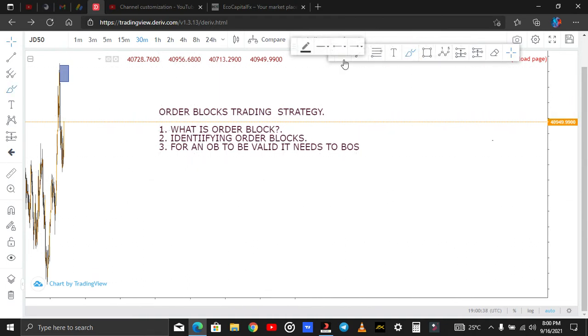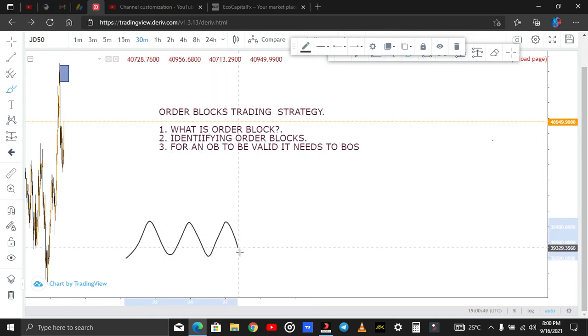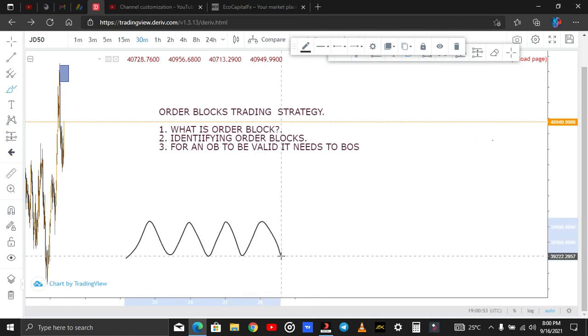Basically, in this strategy we are trying to figure out when institutional traders are in the market and trade alongside them, because for you to make a profit, price has to move in your direction.